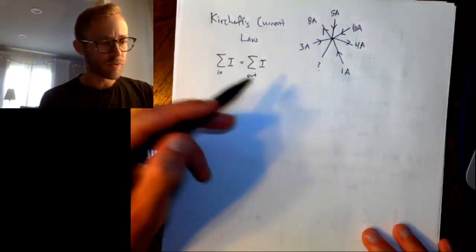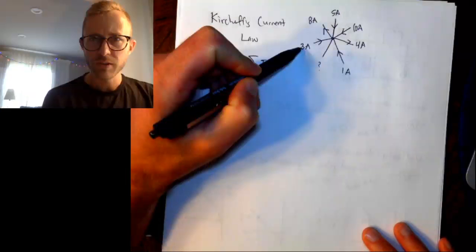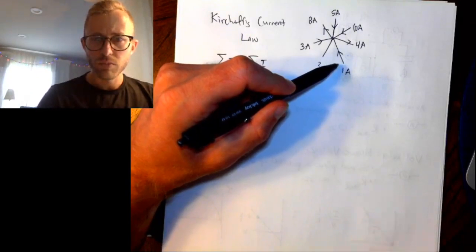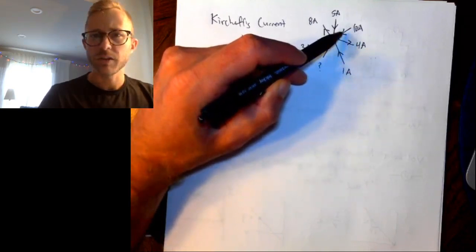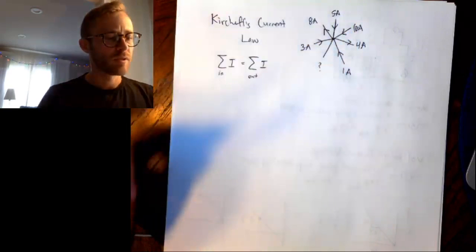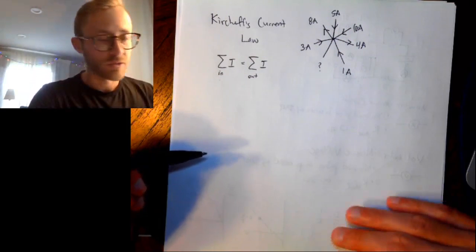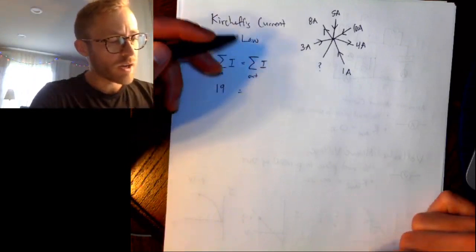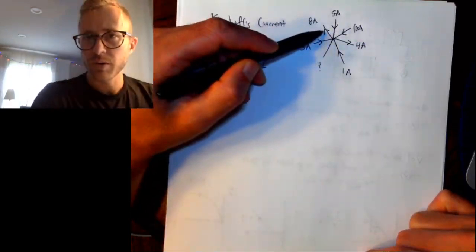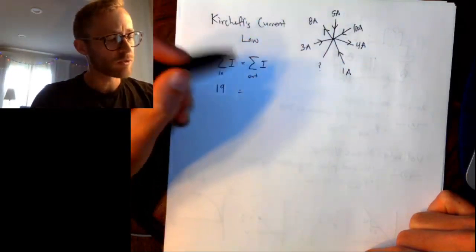Let's figure out how much current is going into the junction. We've got 3 amps plus 1 amp, so 4 amps, plus 10 amps, 14 amps, plus 5 amps is 19 amps. So I have 19 amps going in. And how much do I have going out? I have 8 amps going out, and 4 amps going out, so that's 12 amps going out.